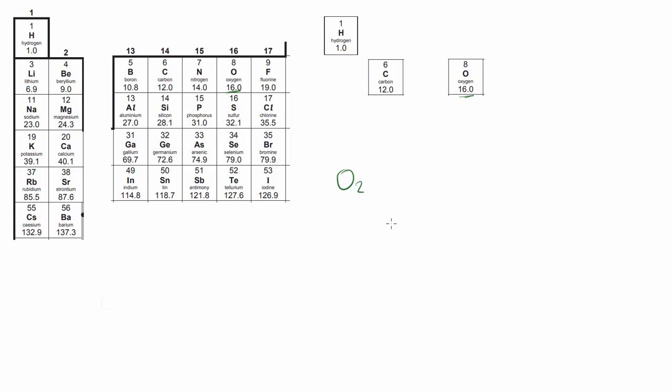So the molar mass of O2 is going to be equal to 16 multiplied by 2, as it's O2. And of course, that's going to give us 32, right? And that's going to be in grams per mole.